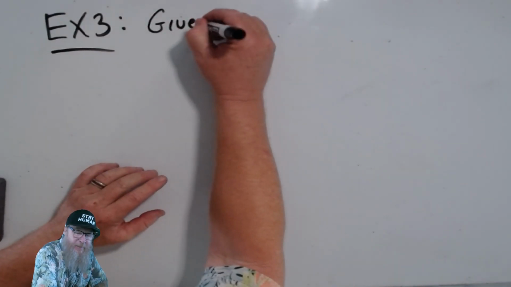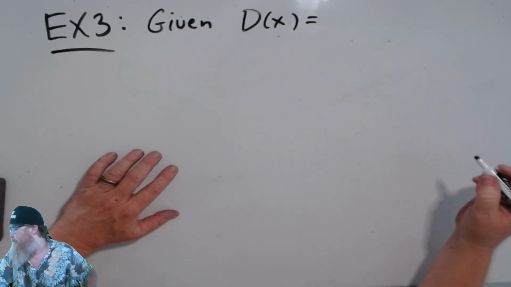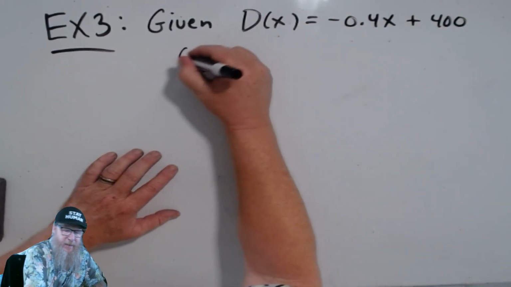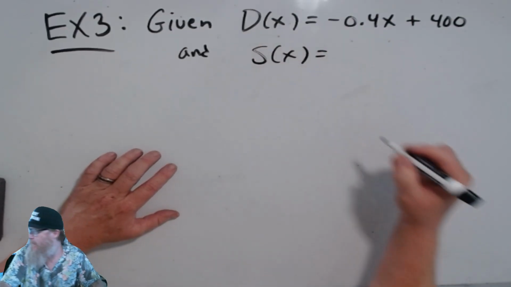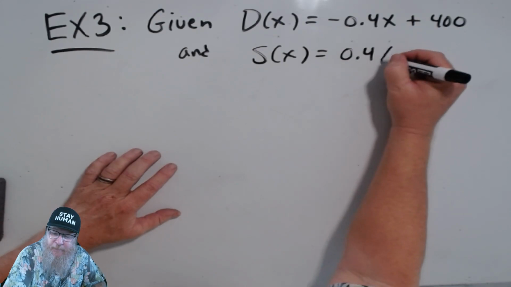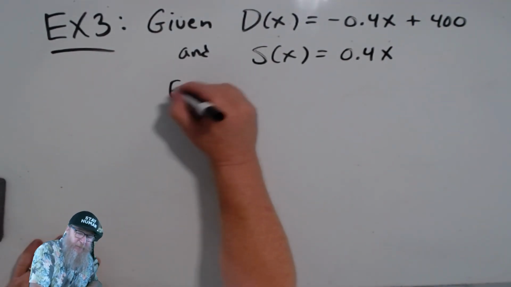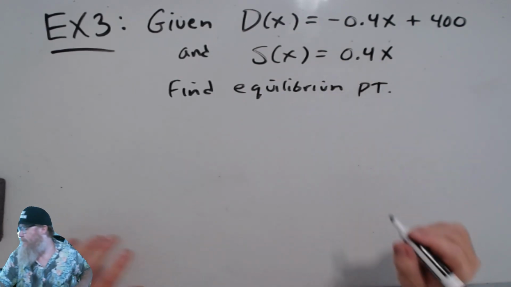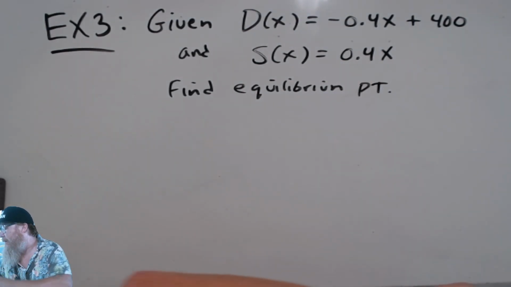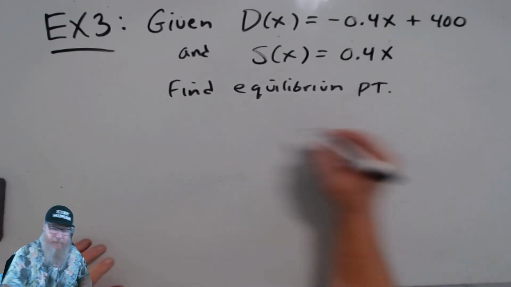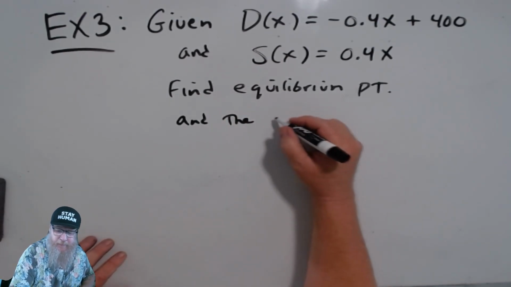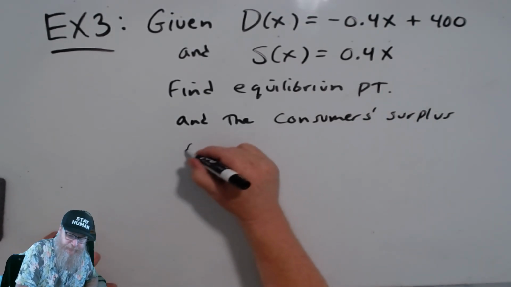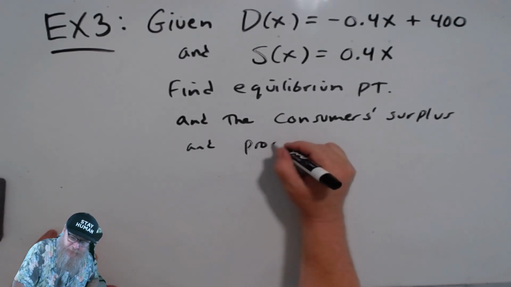So given a demand function and a supply function, find the equilibrium point, and the consumer surplus and producer's surplus.